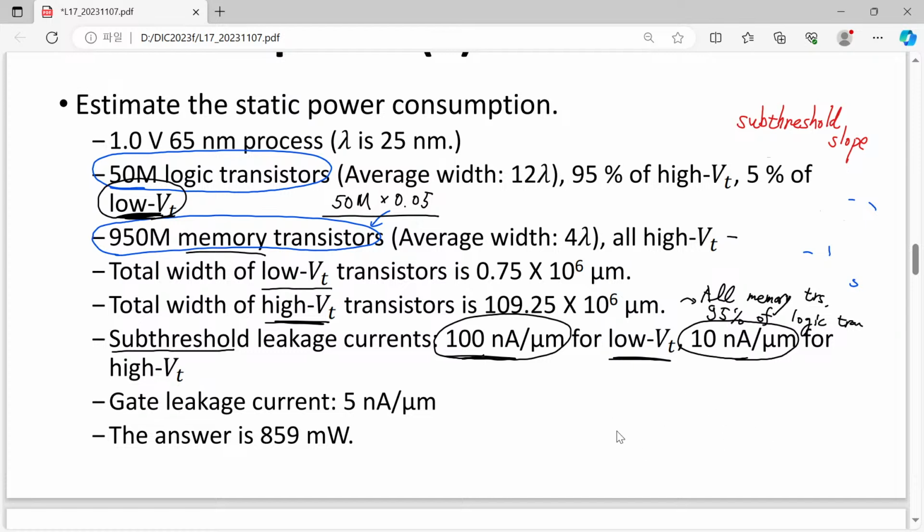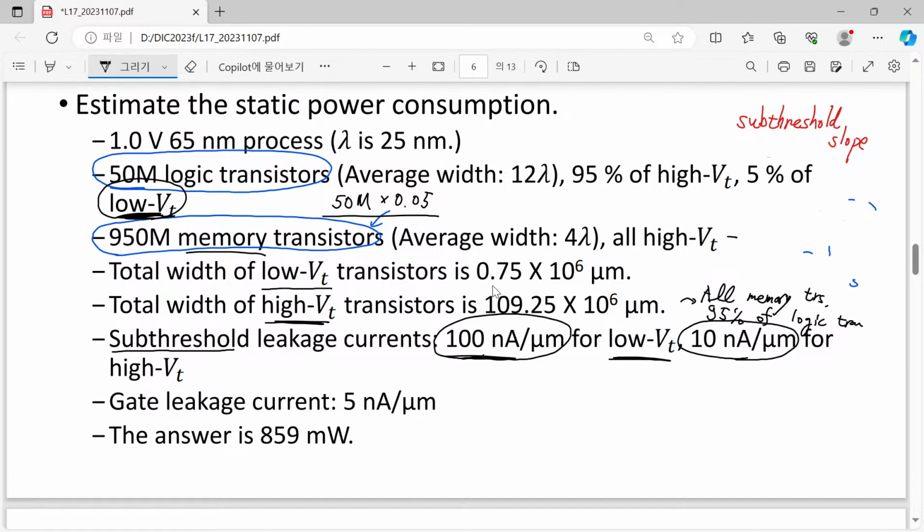Since you have the total width like this, calculate 100 nanoamp per micrometer. This is the leakage current per unit width, and this is for your low VT. For your low VT case, you have 0.75 times 10 to the 6 micrometer. This is the contribution from your low VT transistors.